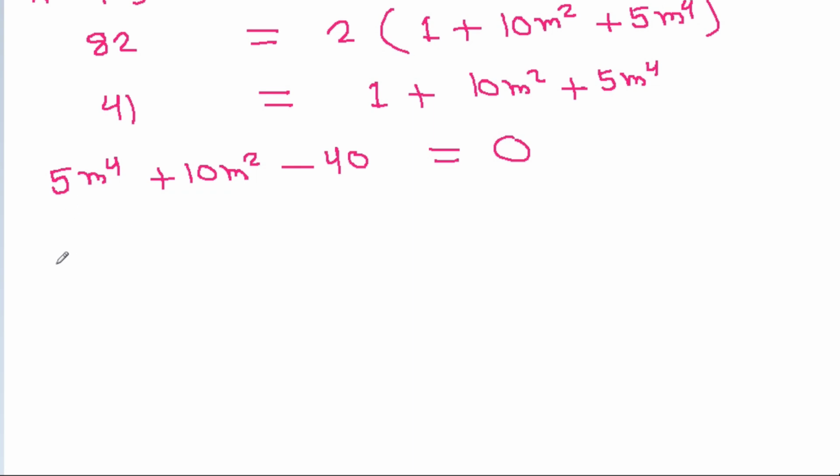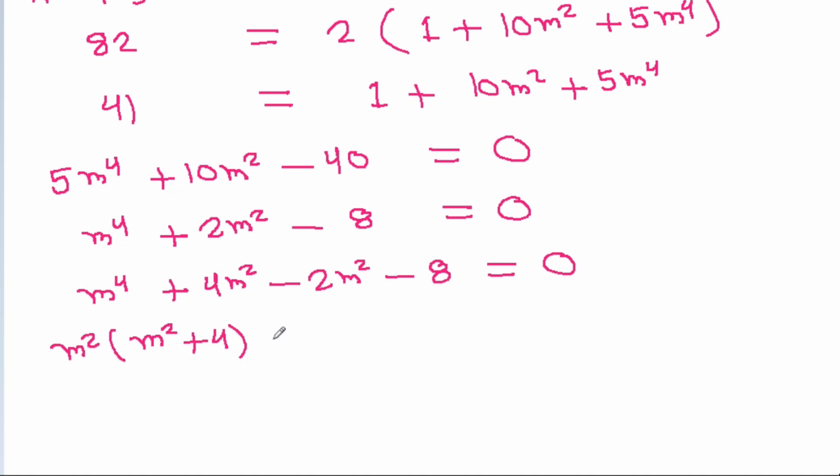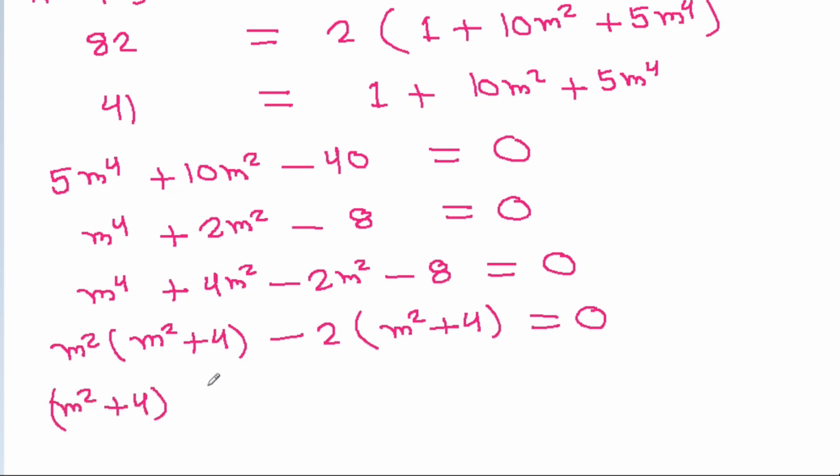And if we divide by 5, then we will get m power 4 plus 2m square minus 8 is equal to 0, and it is m power 4 plus 4m square minus 2m square minus 8 is equal to 0, and here we can take m square common, and we will get m square plus 4, and here we can take minus 2 common, and we will get m square plus 4, that is equal to 0, and now we can take m square plus 4 common, and we will get m square minus 2, that is equal to 0.